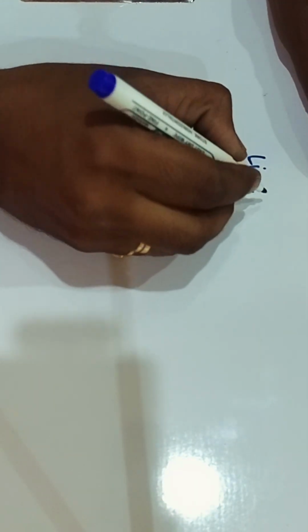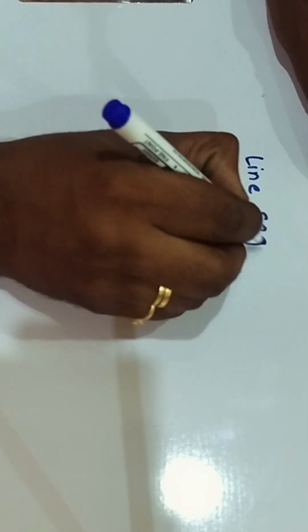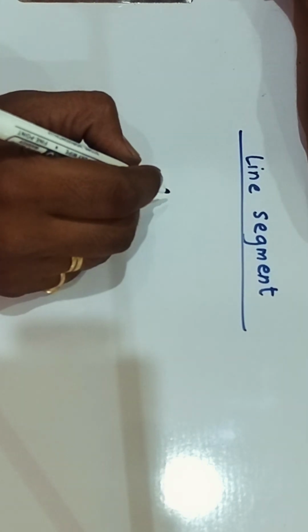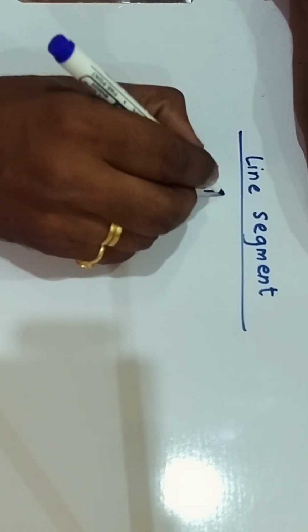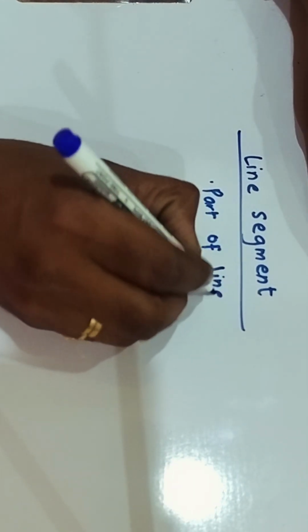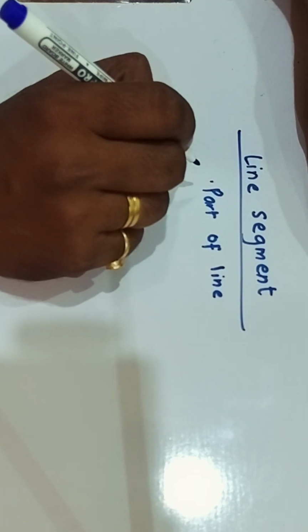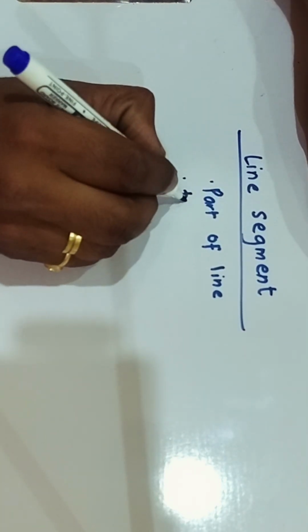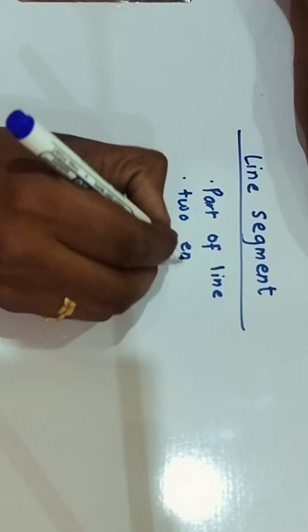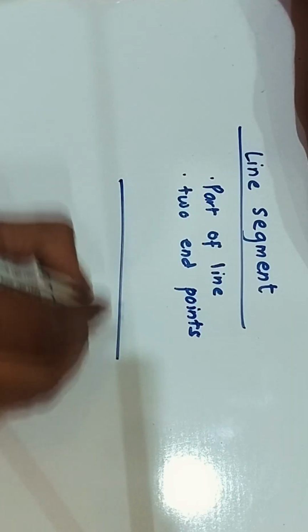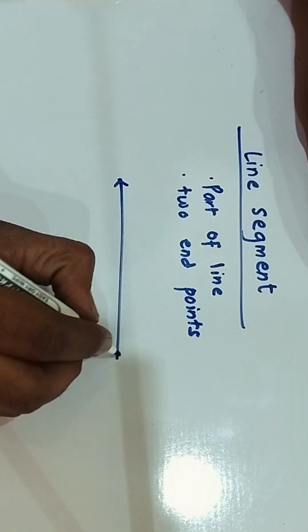Now, the second important concept is line segment. Line segment is part of the line, and the line segment has 2 endpoints. This is a particular line AB.